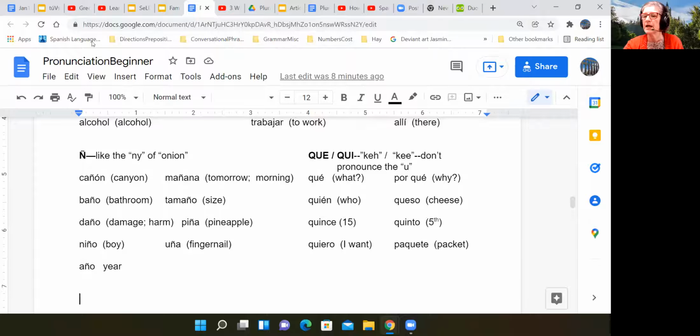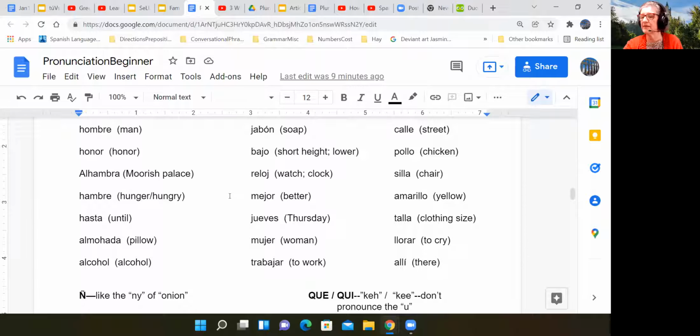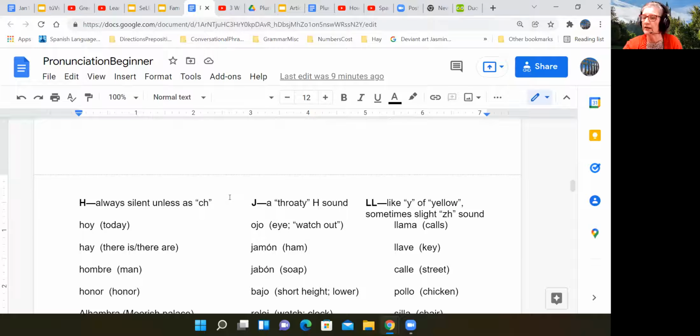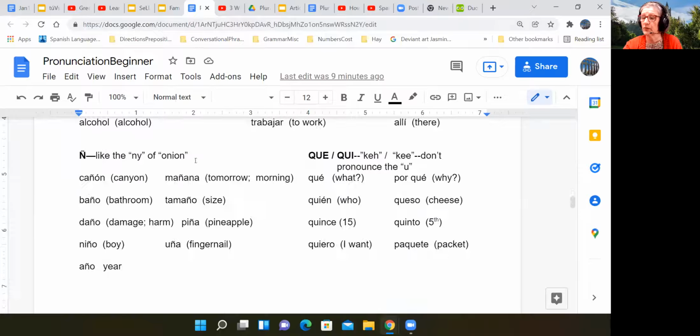Okay. Bien. But those are the sounds that are definitely not what you expect based on what you know in English. And this one, we haven't even got that letter, but we do have a ñ sound like onion. So that helps us a little bit.